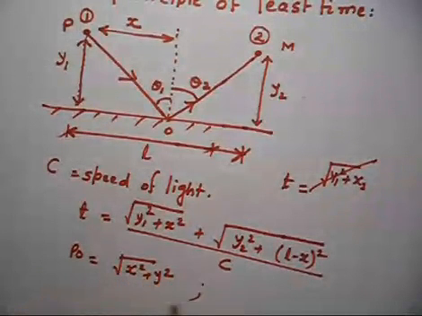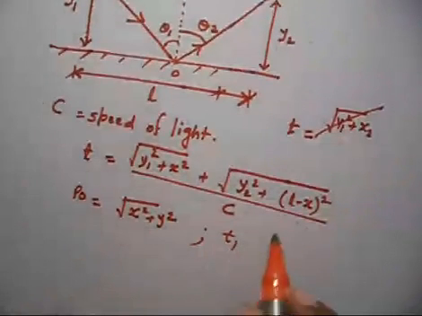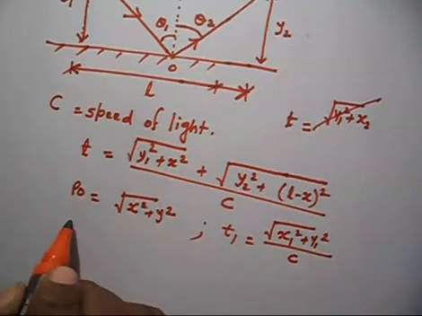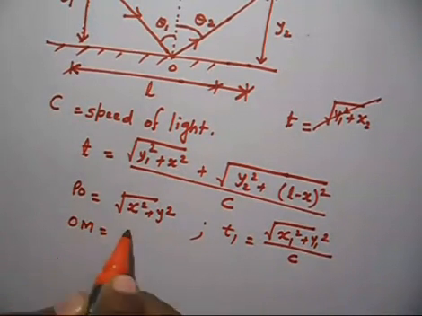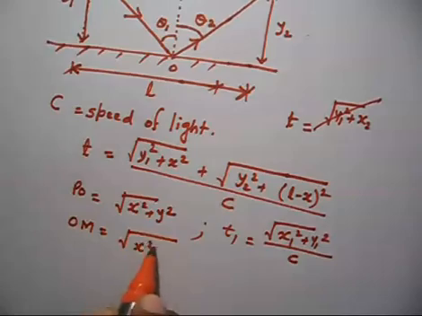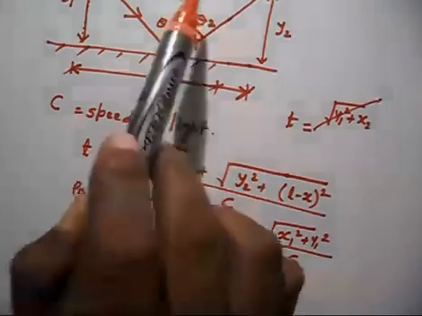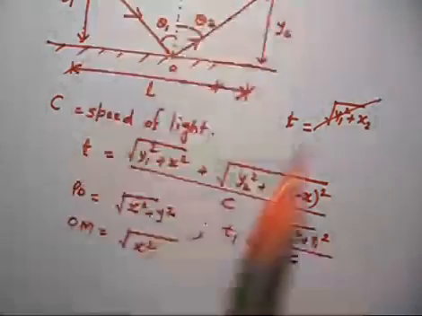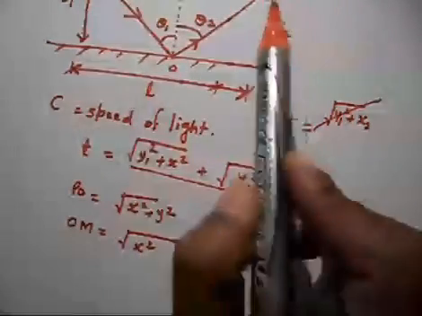Time from P to O will be distance by velocity, that is square root of x square plus y1 square divided by c. Similarly, for distance OM, this is x, so this is L minus x.